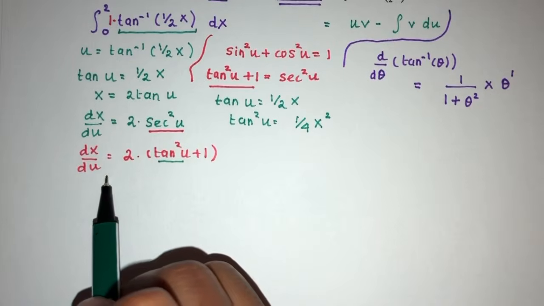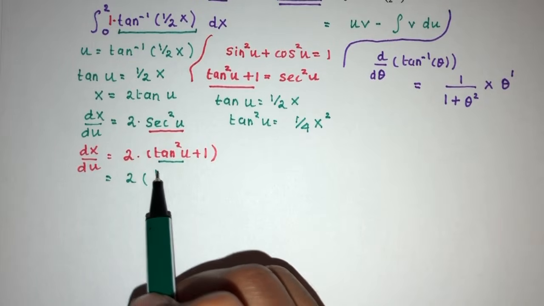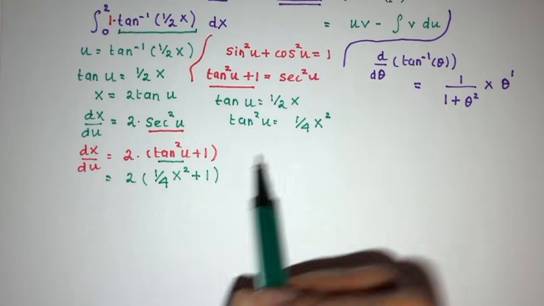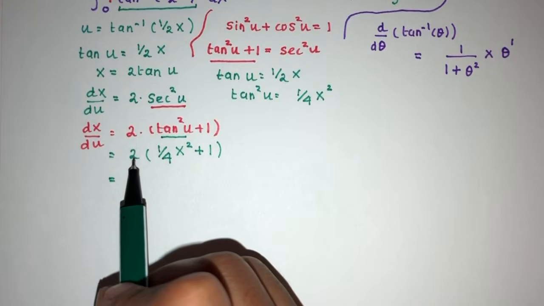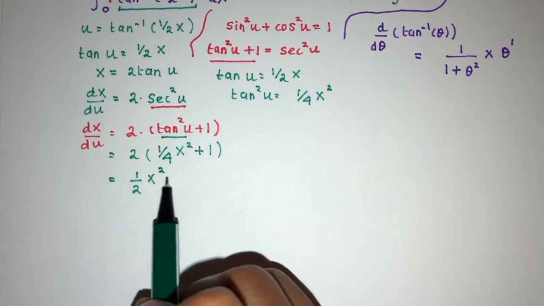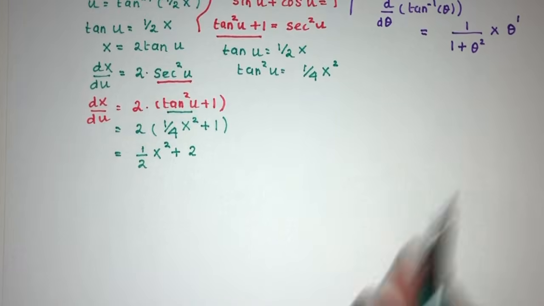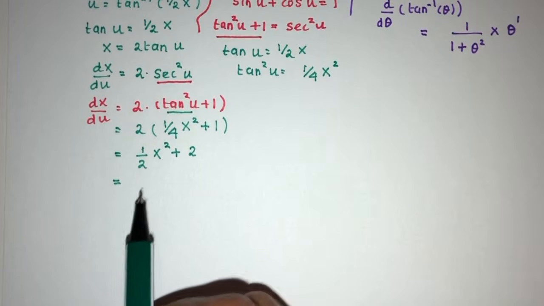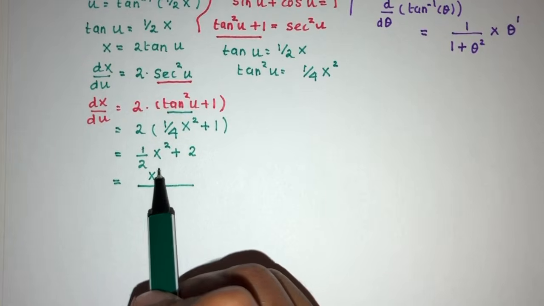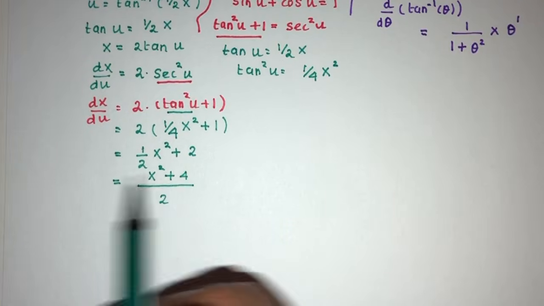So you will have 2 times 1 over 4 x squared plus 1. We can simplify that. That will give you half x squared plus 2. Now we can simplify again. Let's have a base of 2 everywhere. You will have 2 here, that will be x squared plus 4.